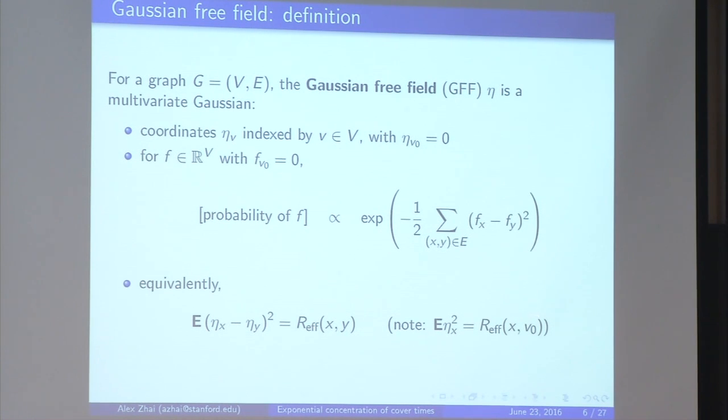So I can compute the variance of the value at each vertex, and then plugging back into this formula, I can get all the covariances. So this is another way of determining this multivariate Gaussian.